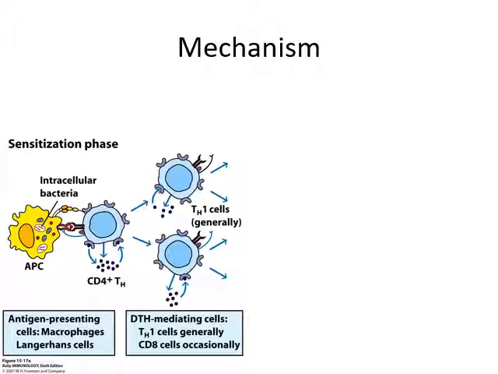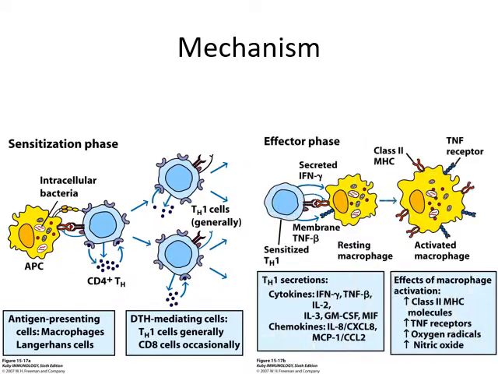When these antigens are phagocytosed by the antigen presenting cell, they are presented to CD4 T helper cells, and usually they get stimulated and are converted into Th1 cells generally, or occasionally CD8 cells.